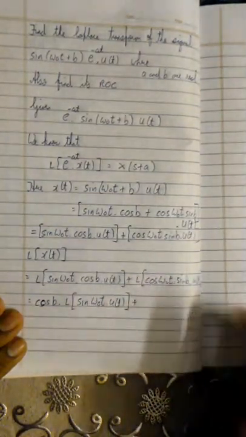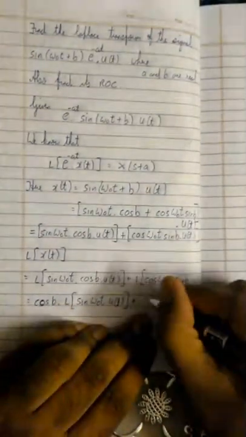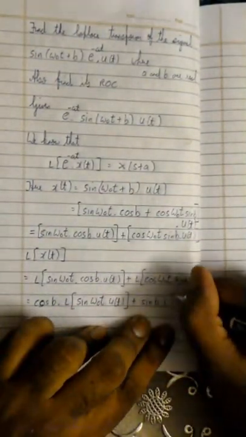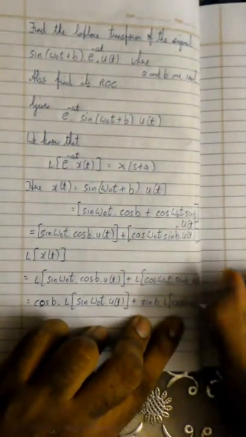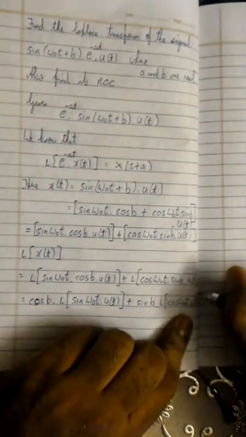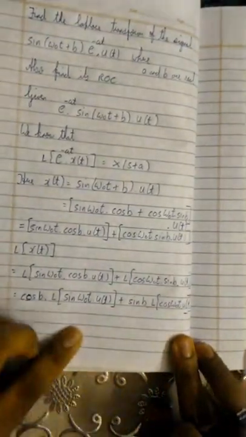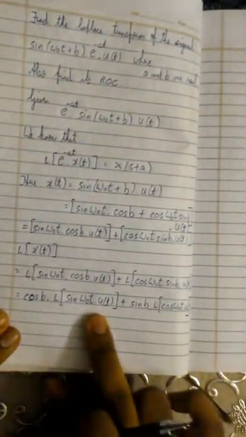Plus, here also sin b is a constant, so I can take sin b outside, and it becomes sin b into the Laplace transform of cos omega 0 t u of t. Okay, so we know what is the Laplace transform of sin omega 0 t into u of t.